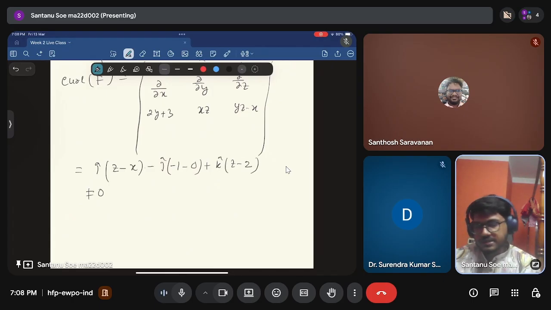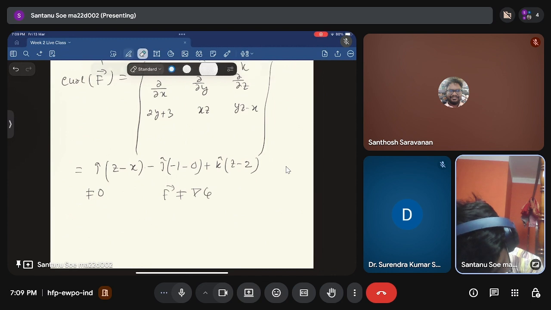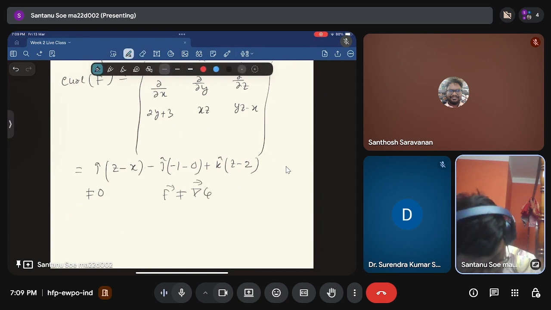So from here we can say that curl is not 0. That means F is not conservative, and of course F is not the gradient of phi. So we have to calculate the line integration over these three different paths, C1, C2, and C3, joining these three points.